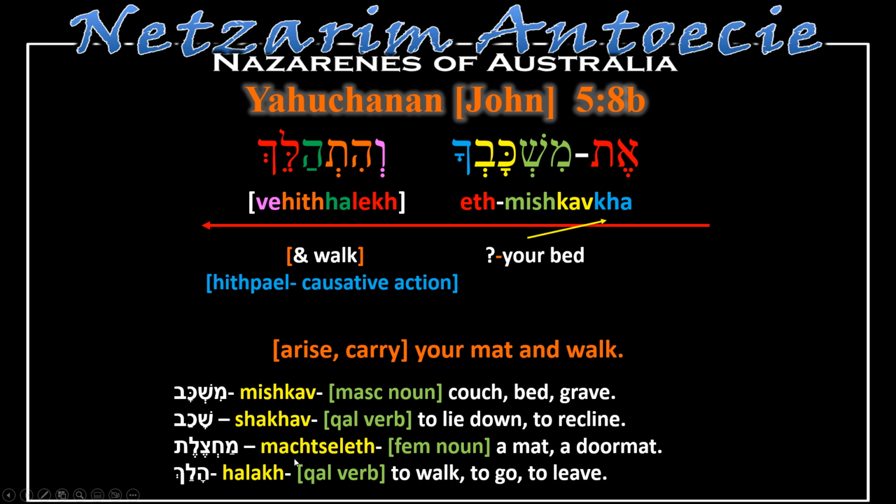I've given you this one because it's a more accurate one based on the translation of mat. And the word for mat is actually machzelet, a feminine noun meaning a mat or a doormat. And then I've also given you halak, which is your root word for the last one, which is a kal verb to walk, to go, to leave.